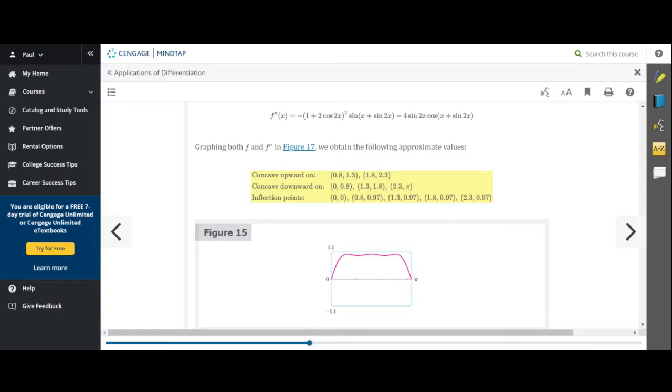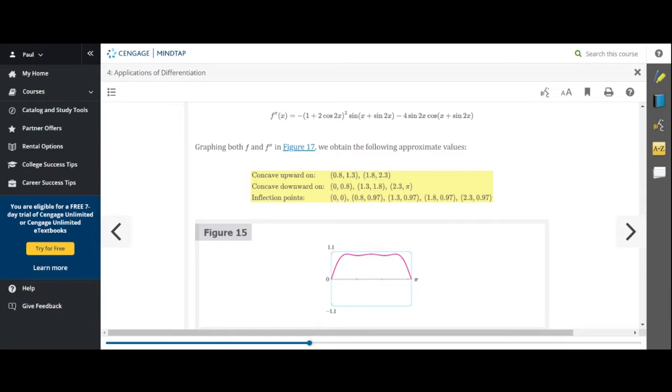Look at that function, figure 15. You see how the function's concave down, and then it goes to concave up, and then concave down, concave up, concave down. Yeah, Sebastian sees it.